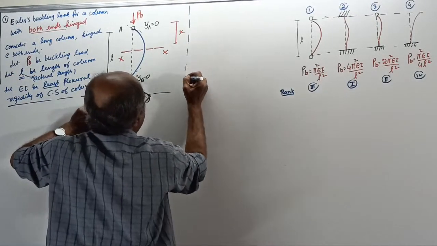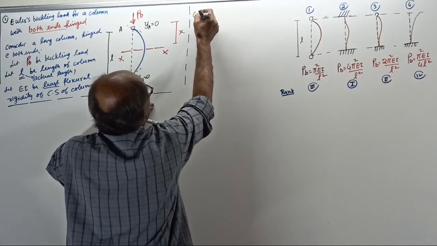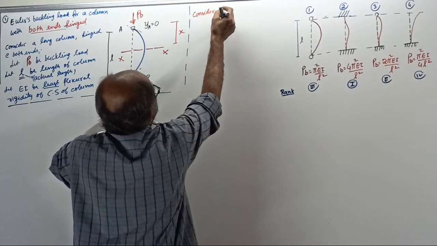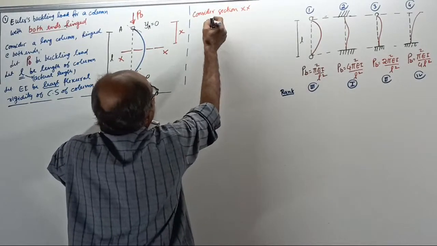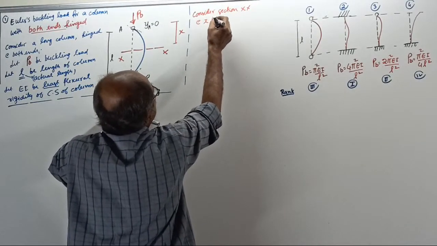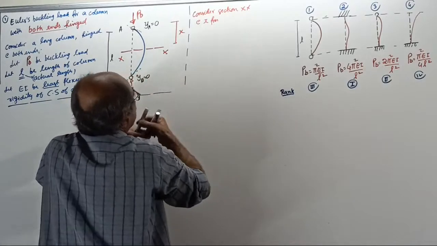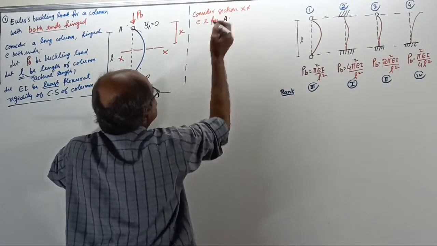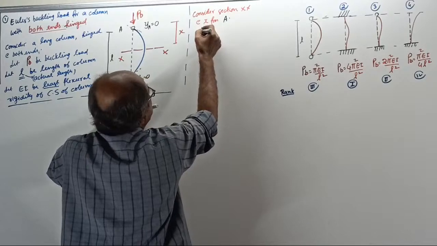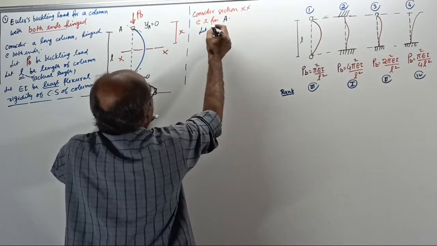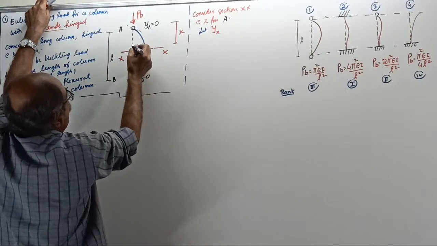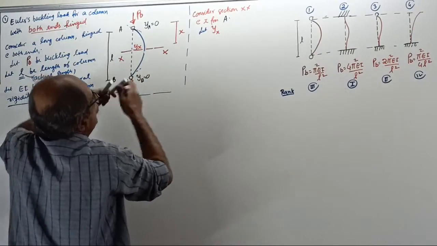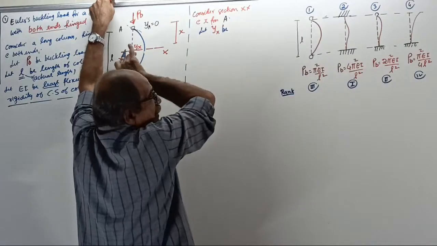Next statement will be: consider section xx at x from top A. I will take x permanently from A, the top. And also let y suffix x, at present in red color, later I will not use red color, be what?